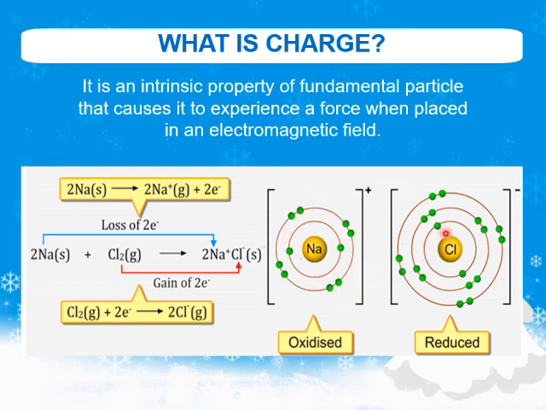To get stability, sodium needs to lose one electron, while chlorine needs to gain one electron. As a result, sodium will get positive charge and chlorine will get negative charge.